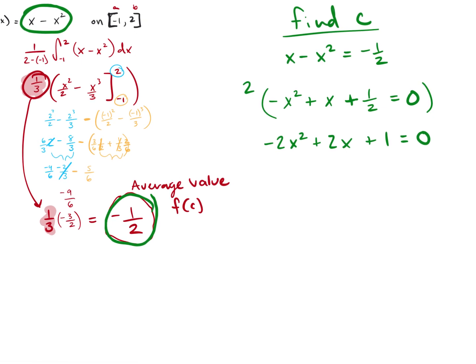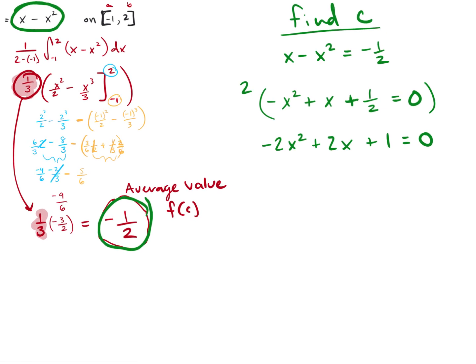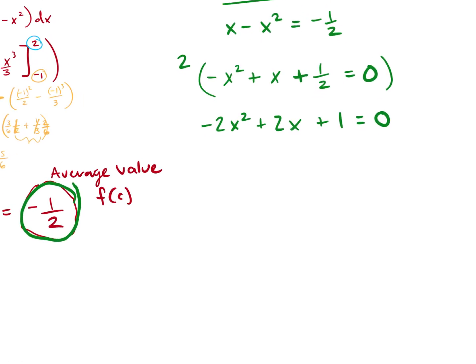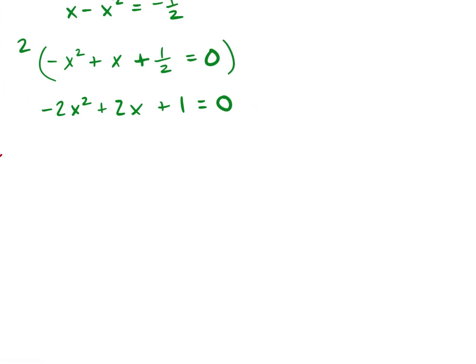If it doesn't factor, what can we do? The ABC thing, what's that called? Quadratic formula. So we could use our quadratic formula, negative b plus or minus the square root of b squared minus 4ac over 2a.